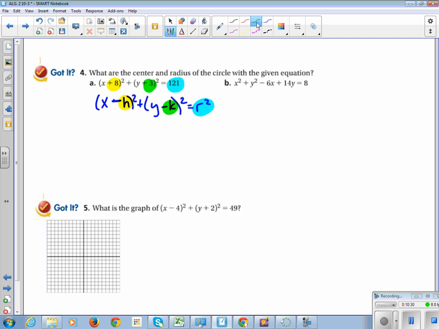So the center is at negative 8, negative 3. And the radius, well, we know radius squared is 121. So our radius is the square root of that, which is 11. And remember, in this scenario, normally when we take the square root of both sides, we have a plus and a minus answer.